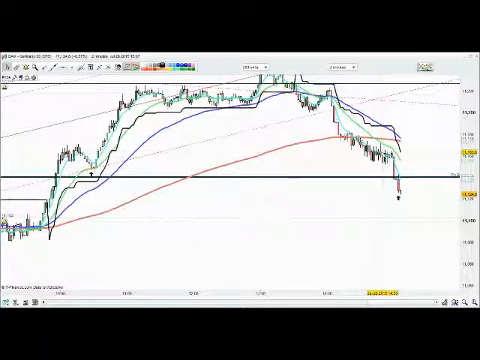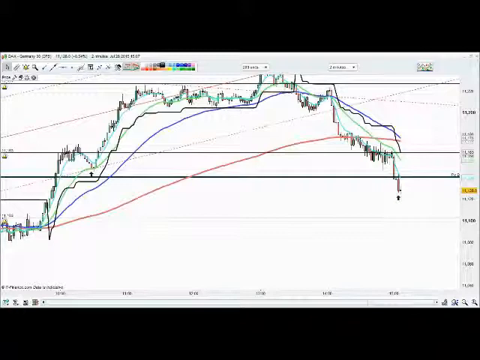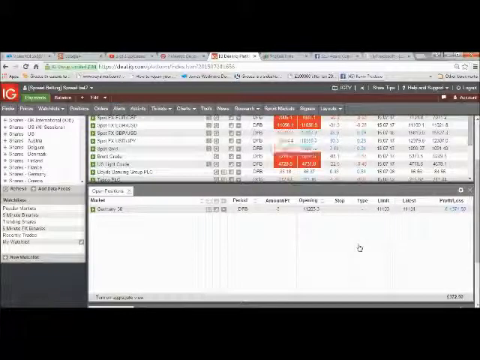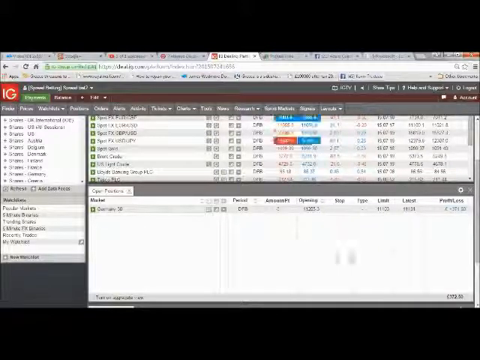So up here at 11,163, this is where I would look to close the trade down, and so I would still have closed my position for 11,163. The difference between that and 11,205 times 5 is my profit, so I would still be ahead.